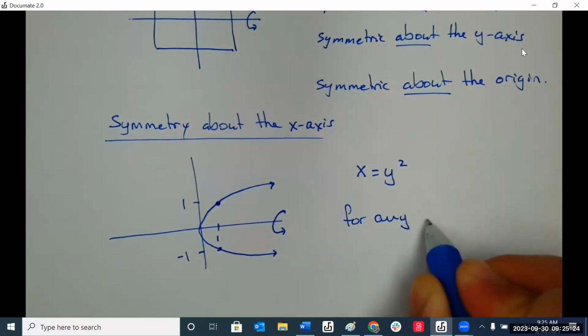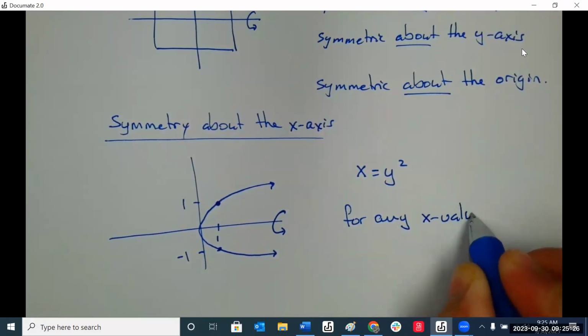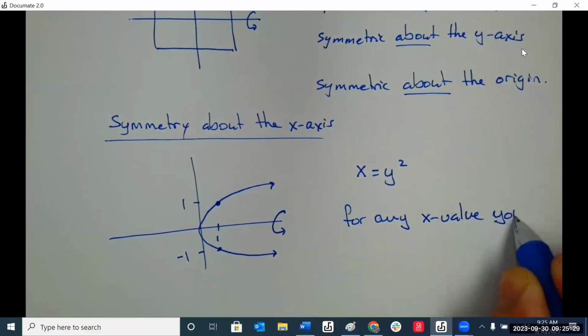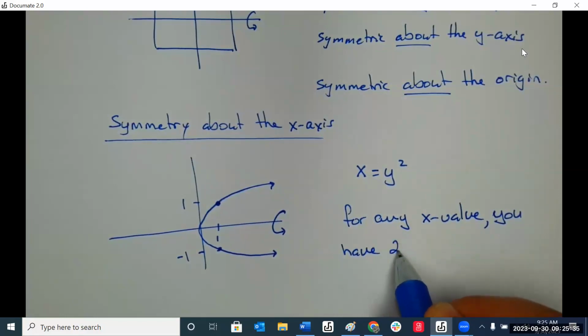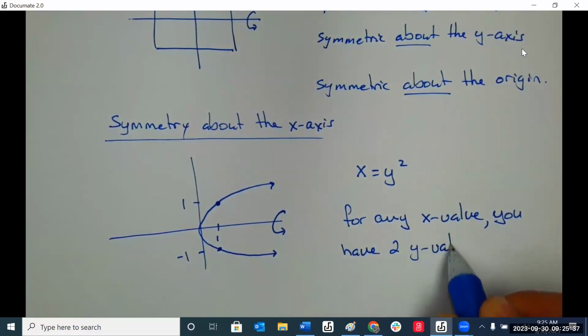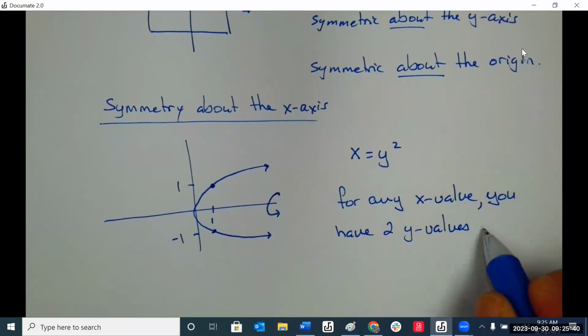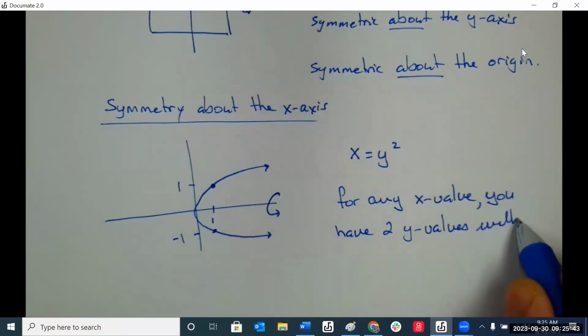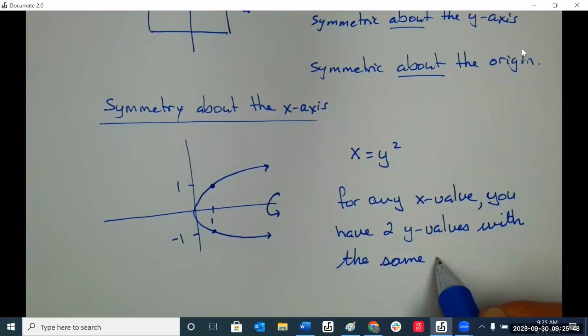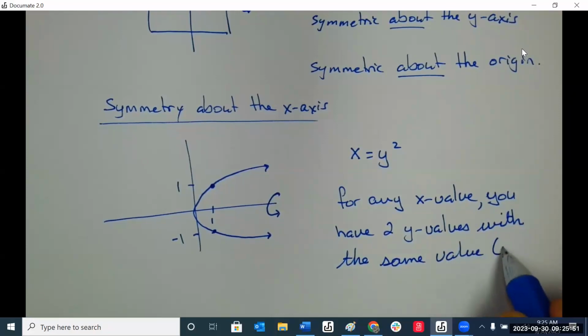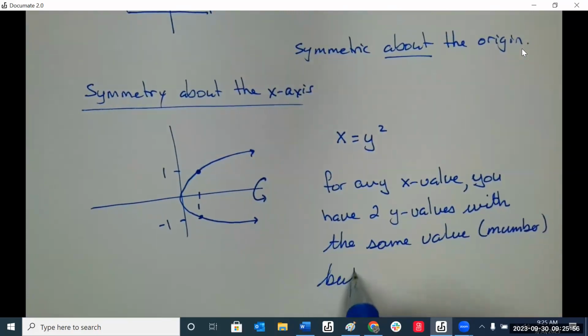For any x value, you have two y values with the same value or number, but different signs.